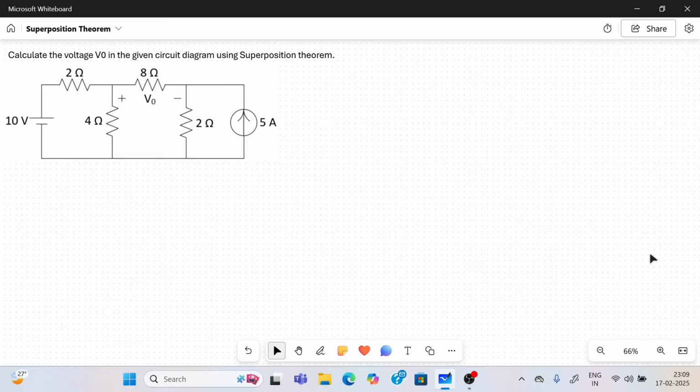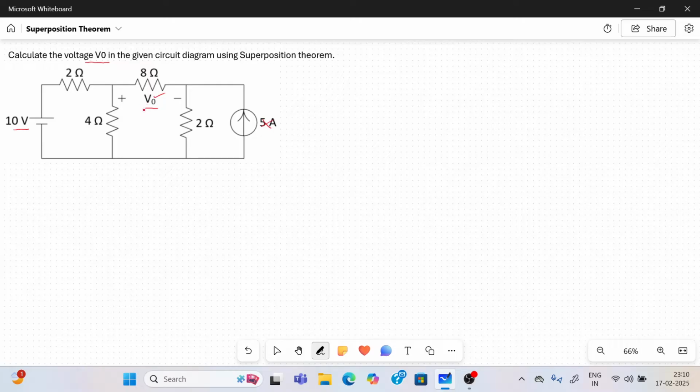values. For example, in this problem, our question is to calculate the voltage V0. First, keep the 10-volt voltage source and remove all other independent sources. Remove this 5 amps current source and find V0.